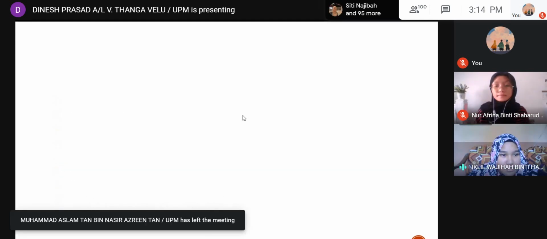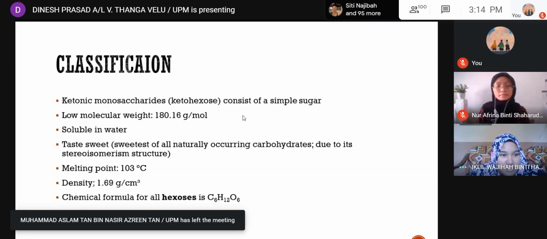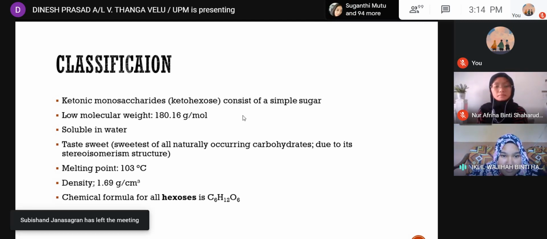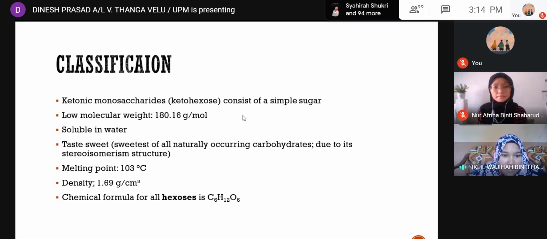Okay, continuing with the classification. Fructose is a ketonic monosaccharide, which is a ketohexose, a simple sugar. Basically all monosaccharides are hexoses, which means they have 6 carbon atoms in the molecule. Specifically, fructose is a ketohexose because it possesses a ketone functional group in its structure.